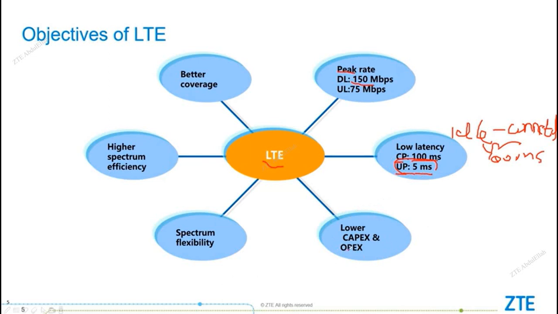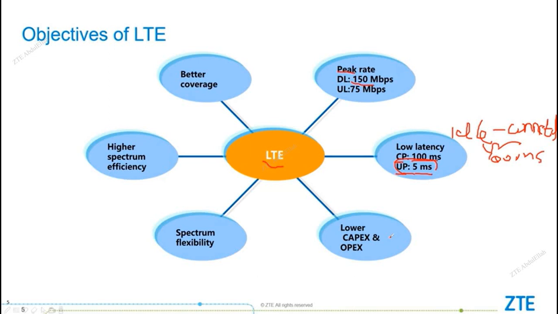Okay. And the next is lower capex and opex. The capex we can say is the construction cost, and opex is the operation cost. Why does LTE have a lower capex and opex? Because in the LTE network, compared with the 2G and 3G networks, we removed the RNC and BSC. So that means in the LTE wireless part, we only have the base station, right?